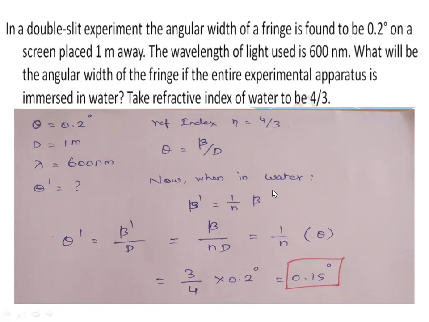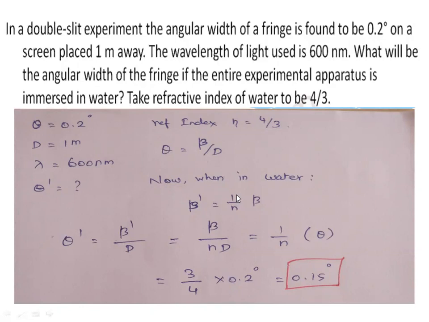Now, when it is in water, it is the reciprocal value that we can consider over here. So beta dash is the second linear width, equal to 1 by the reciprocal into beta. That is, 1 by the refractive index, because we are comparing with air, as first the apparatus is in air.